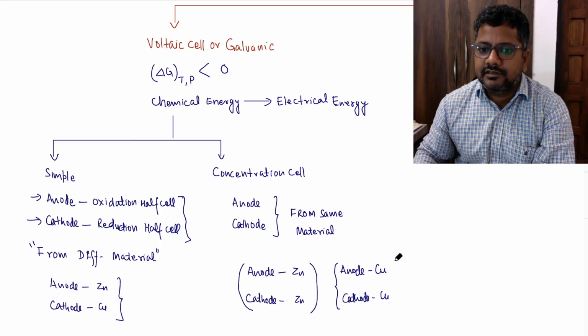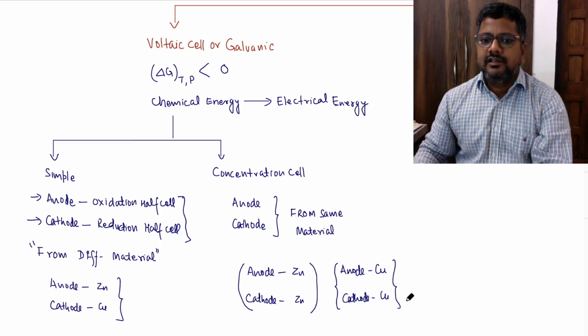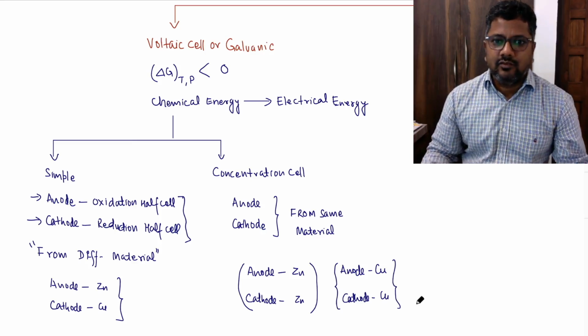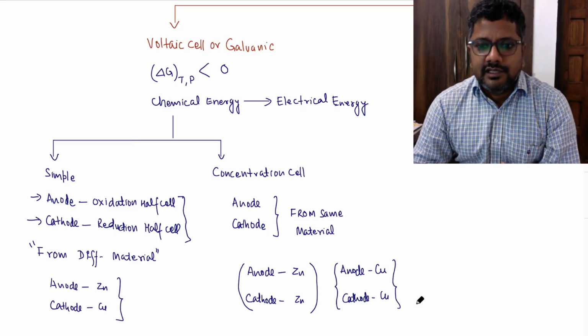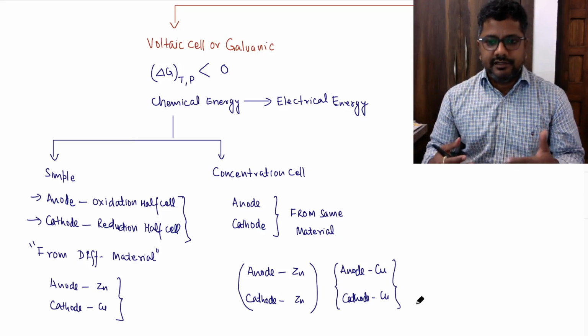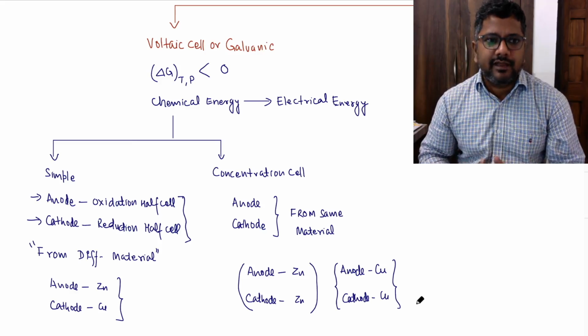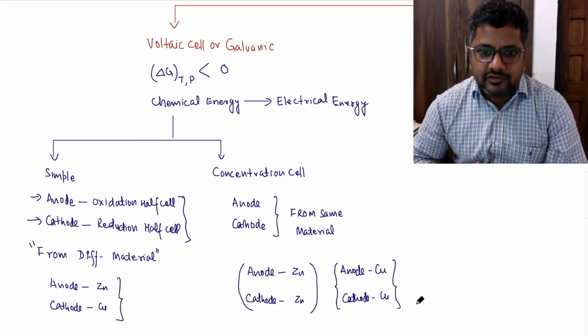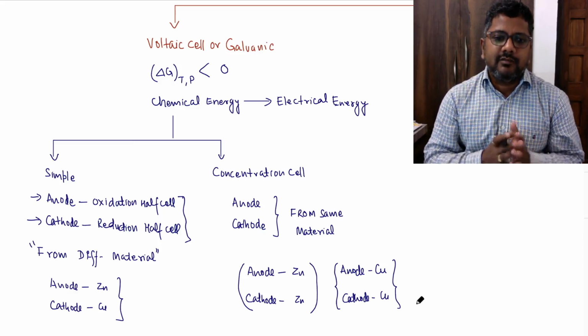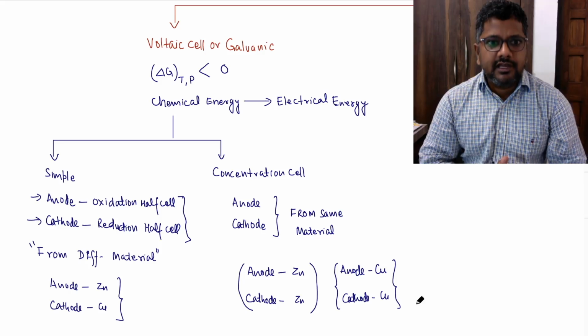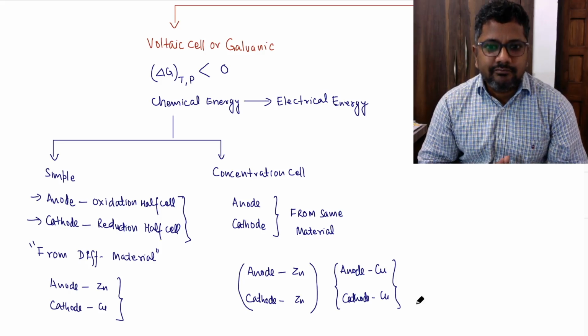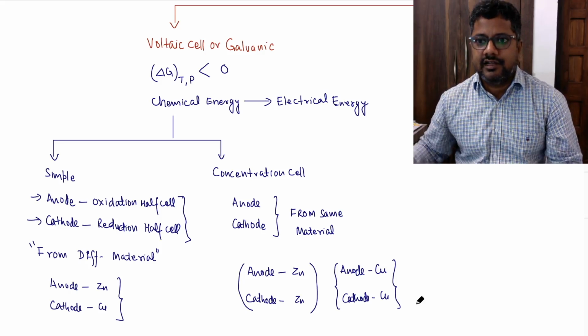So if both half cells are made up of chemically the same matter, it is called a concentration cell. And if they are made up of different material, then it is called a simple galvanic cell.